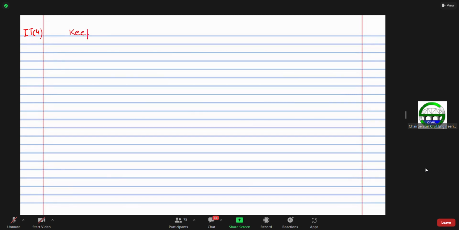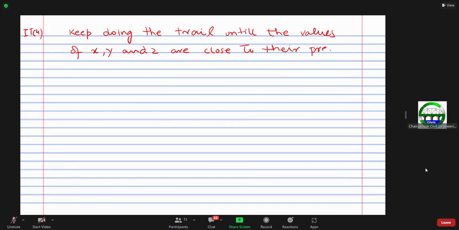Keep doing the trials until the values of x, y, and z are close to their previous values.